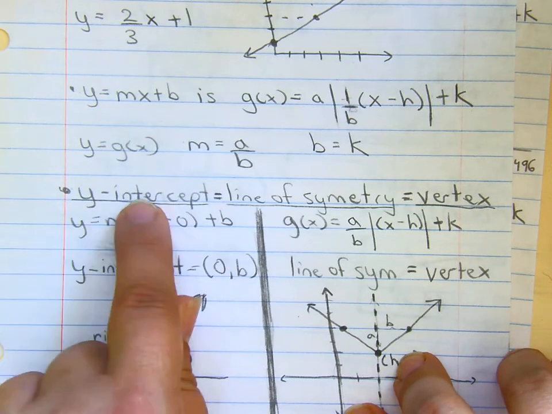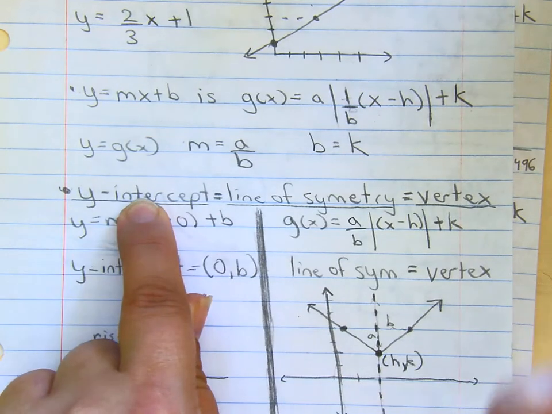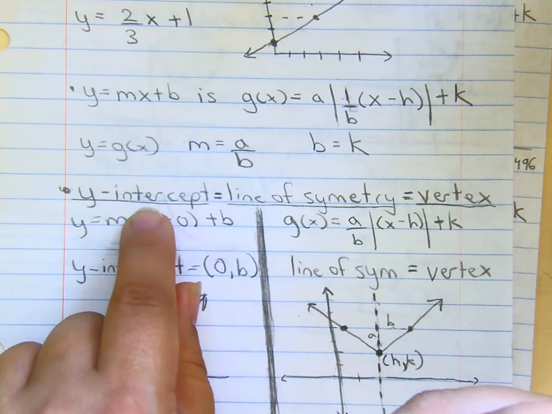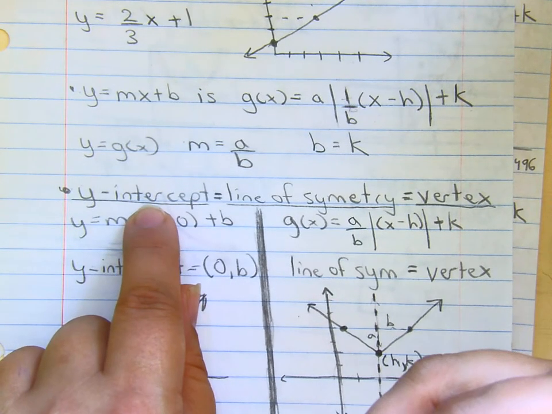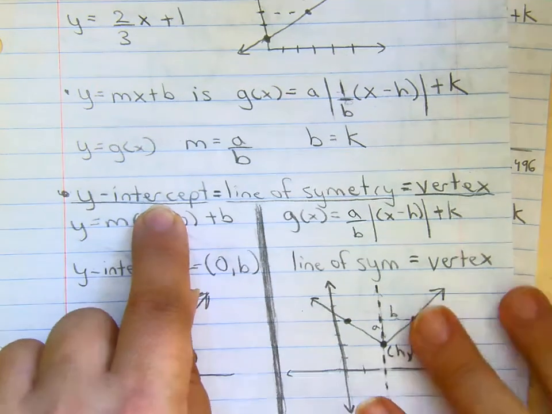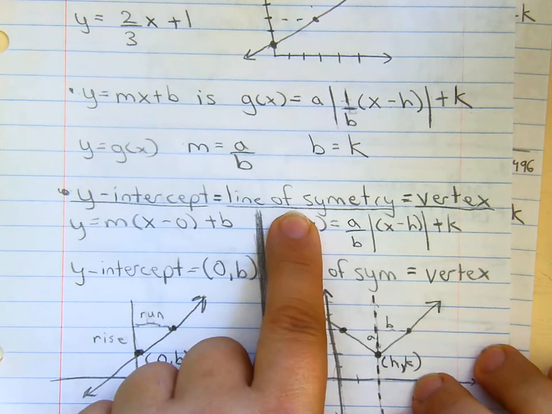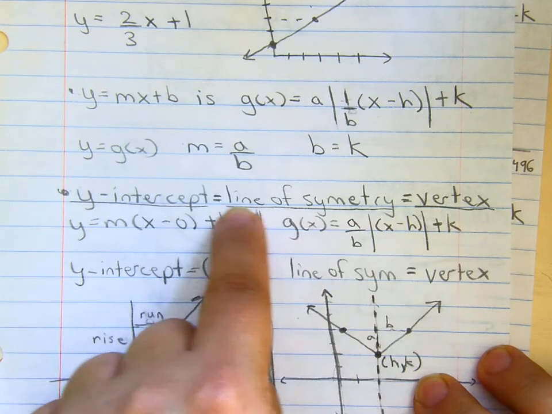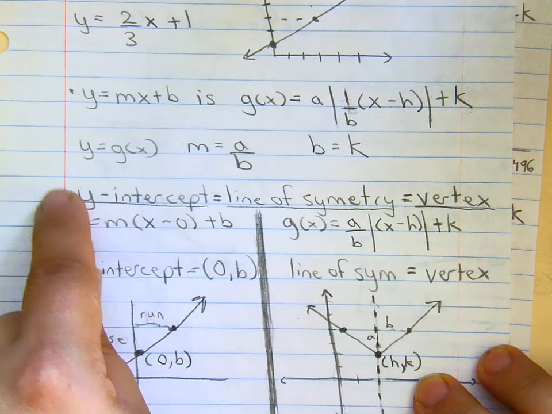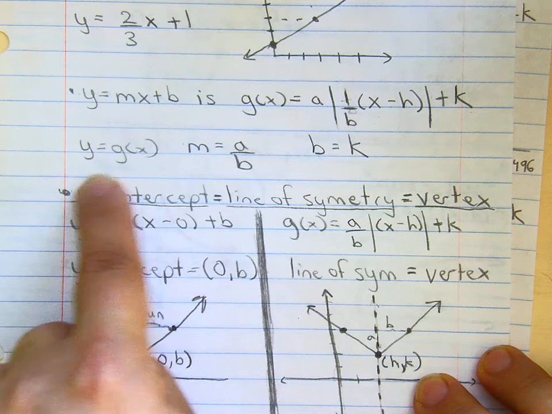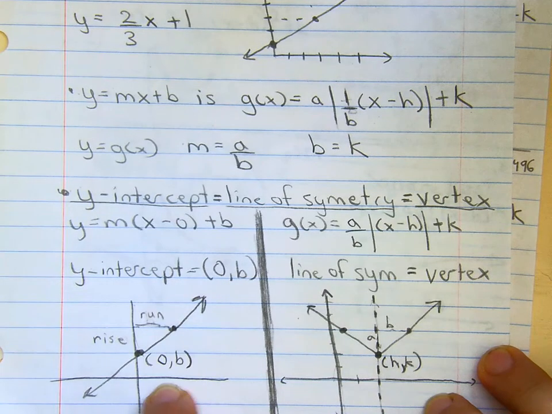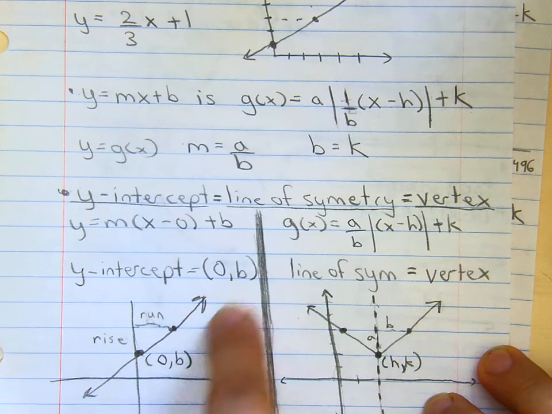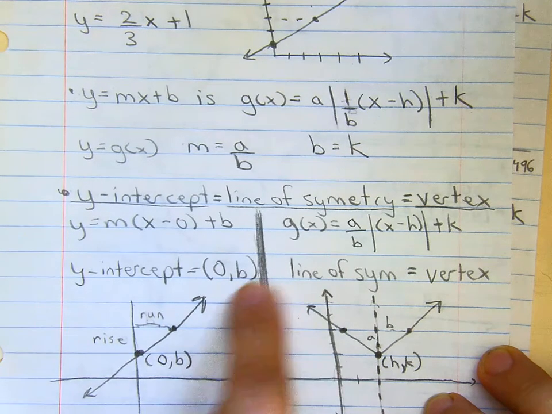The y-intercept, this is really important, because if you understand that all three of these things are very much the same concept, it makes life a lot easier. The y-intercept, the line of symmetry, and the vertex are initially all the same thing. The y-intercept concept on a linear line, which could technically be a line of symmetry, but a line extends on forever, so the middle point is kind of a moot point.